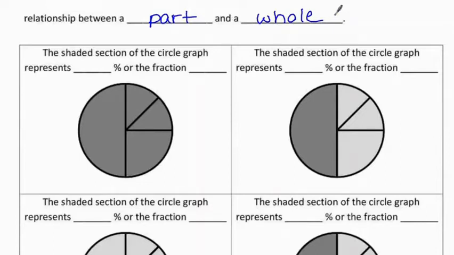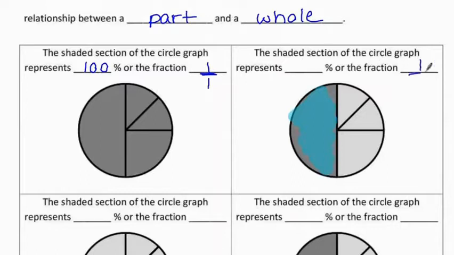It says the shaded section of the circle graph represents 100%, or the fraction 1 over 1. I'm using the little line right here as my fraction bar, because 1 divided by 1 gives you a whole, 100%. Now, the shaded section of the circle graph right here would be half of the circle.